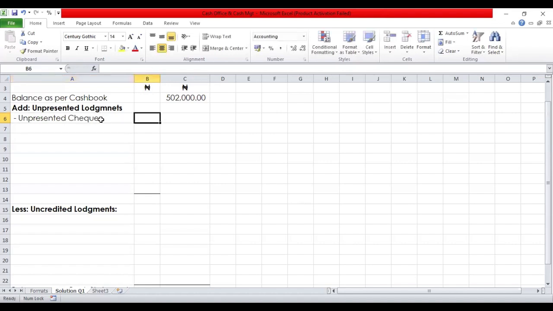How much? Now, give us the 2,000. What was the check number for the first one? 51522. Amount, 2,000.